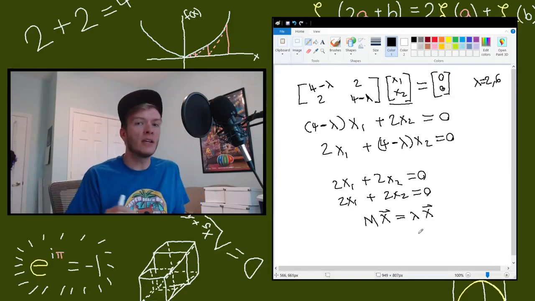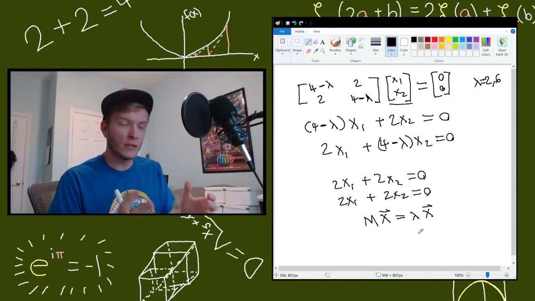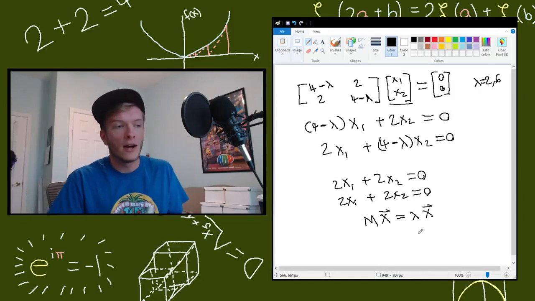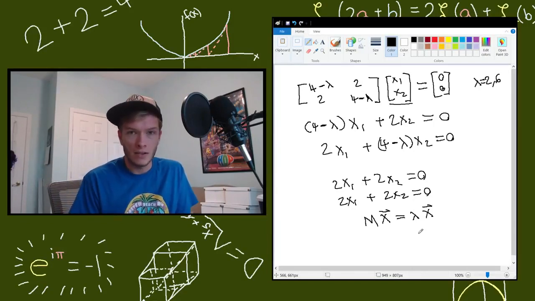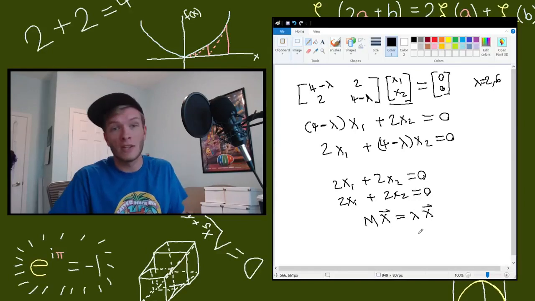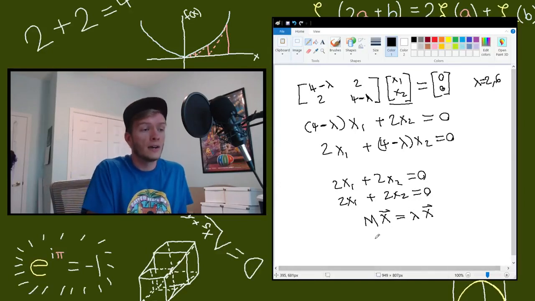Now that may not be too intrinsically visual, so I've actually put a resource to a geometric visualization of the eigenvalues and eigenvectors up in the eye icon if you want to click on that.